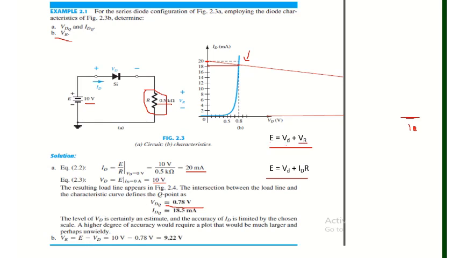E is given, which is 10 volts, whereas VD we have already calculated, which is 0.78 volts. So 10 minus 0.78 volts is equal to 9.22 volts. So out of 10, 9.22 volts will drop here, whereas the 0.78 volts will drop across the diode.